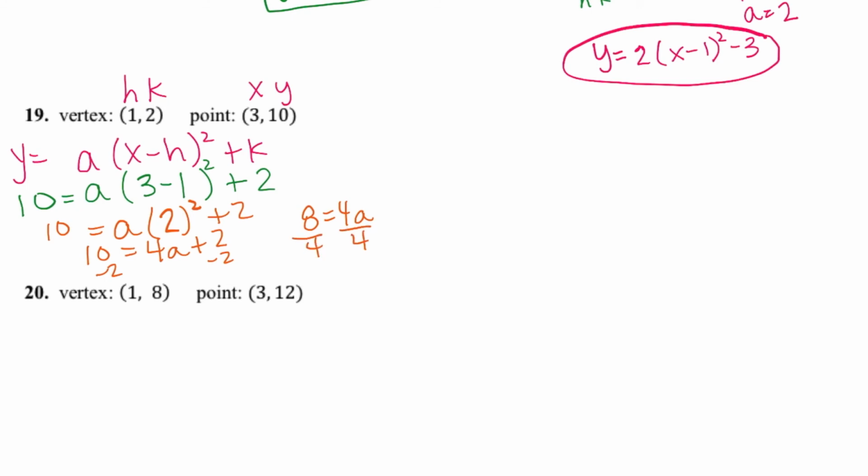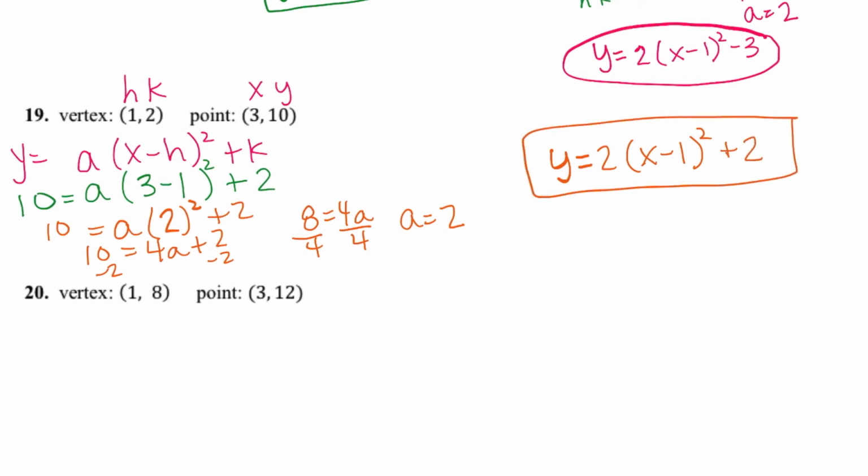I divide by 4. And my a will equal 2. So I'm going to have the equation y equals a, which is 2, times x minus my h, which is 1, squared, plus my k, which is 2. And so that would be my equation.